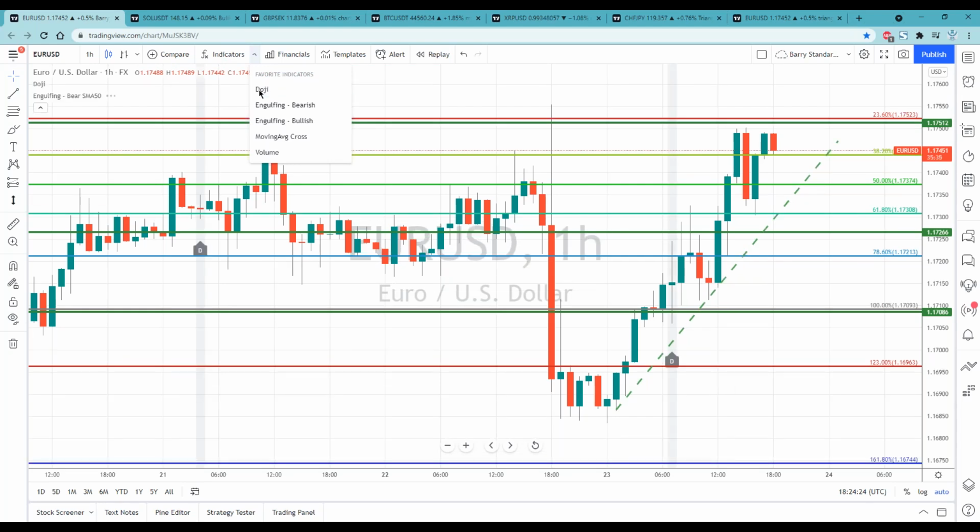The computer's spotting them for me. So here you can see we had a doji, but we also had a bearish engulfing candle, and a bullish engulfing. Today's computers will also allow you to just put your mouse on it, and it'll tell you everything you need to know about it.